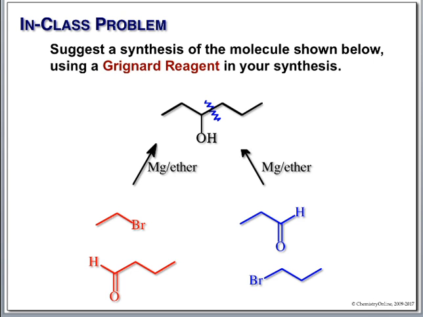Now, initially, one of the most confusing things to students about Grignard reactions has to do with carboxylate esters, because looking at the product and trying to figure out how you got there can sometimes be tricky. So let's look at a Grignard with an ester.